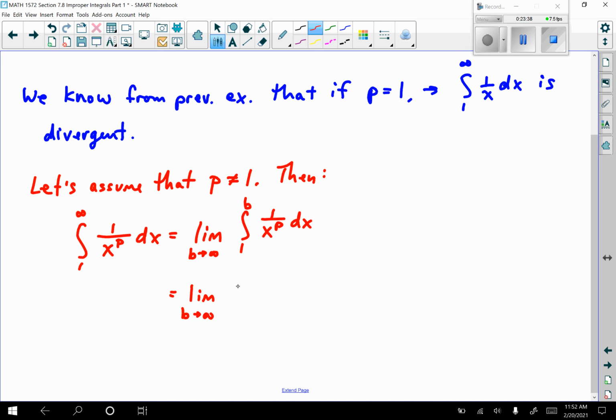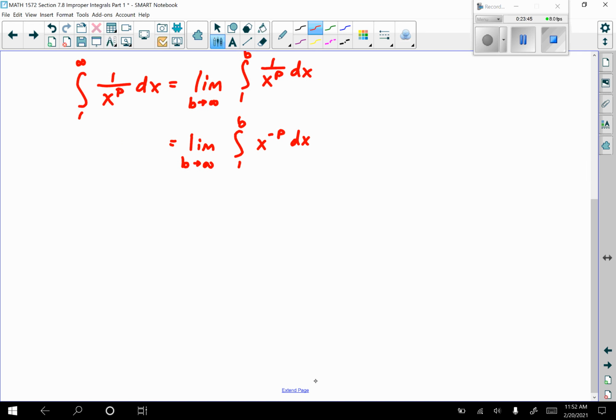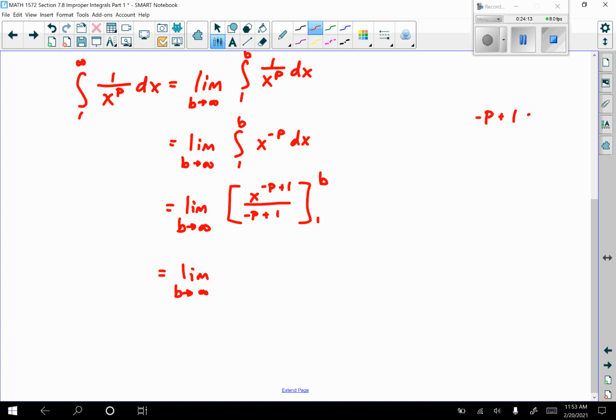To make this a little bit easier, I'm going to rewrite the function as x to the negative p, and then use the power rule for antiderivatives. So this will become x to the negative p plus 1 over negative p plus 1 from 1 to b. I'm going to rewrite negative p plus 1 as 1 minus p.